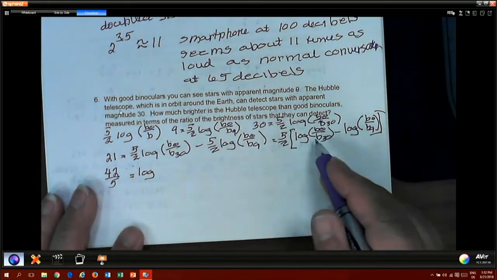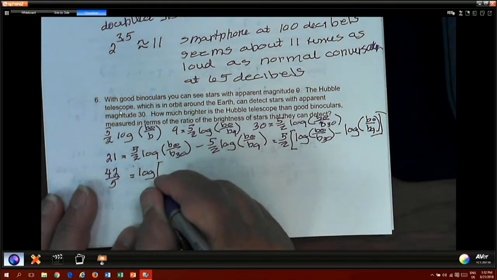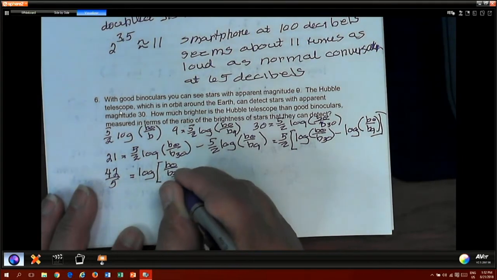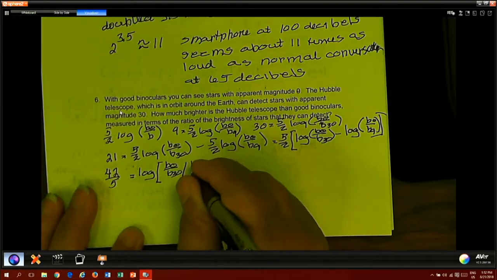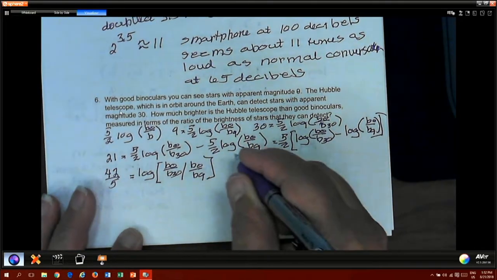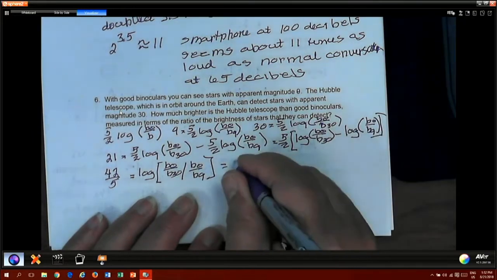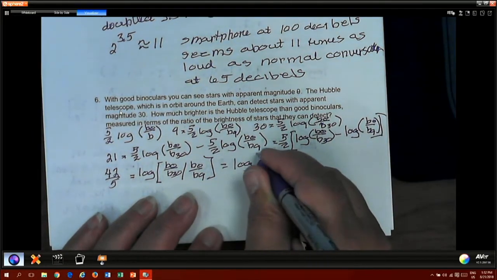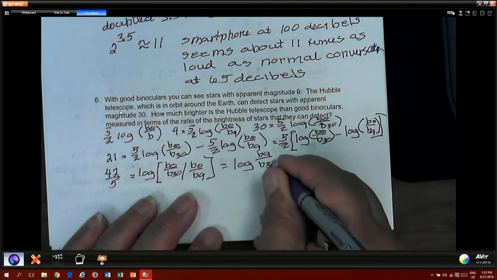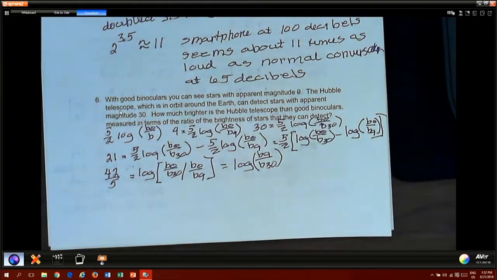And then putting this as division, b sub 0 over b sub 30 divided by b sub 0 over b sub 9, which means this is log b sub 9 over b sub 30 by simplifying.